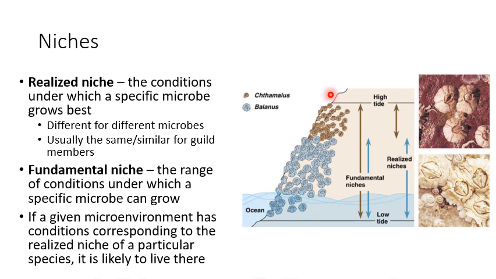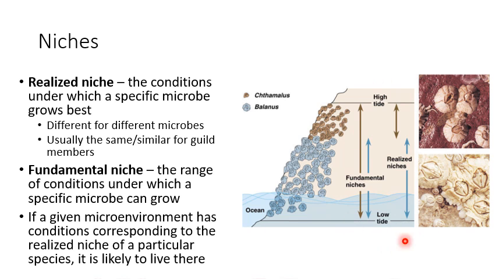As the tide changes, water would be moving up and down the rock between the low and high tide marks. You have a couple different species of barnacles growing on this rock. On the bottom, the big blue ones are Balanus barnacles, and on the top, the small brown ones are Chthamalus barnacles. And the pictures show what those barnacles actually look like.